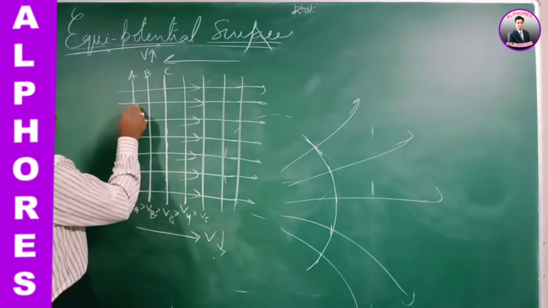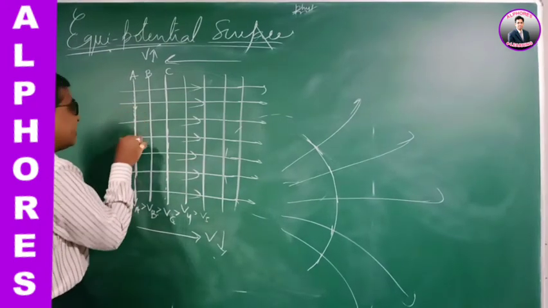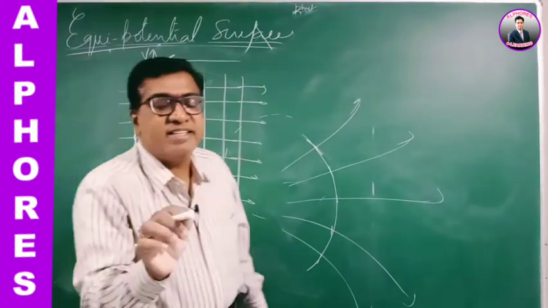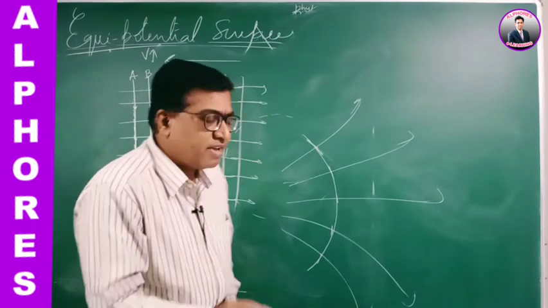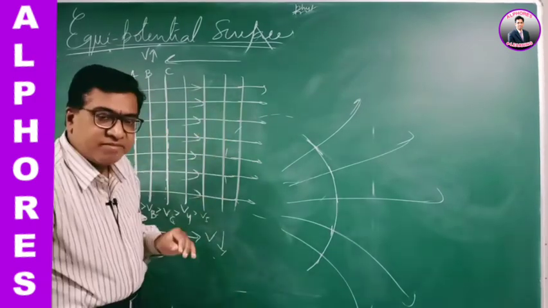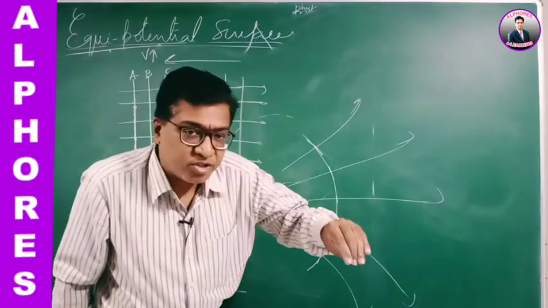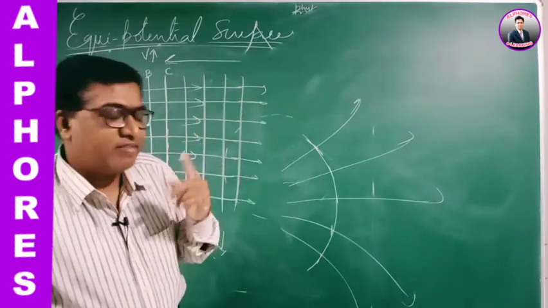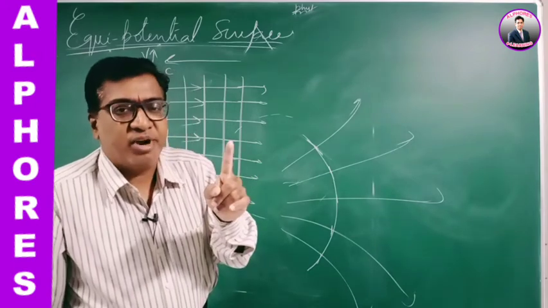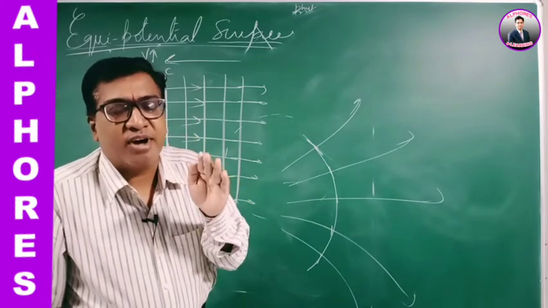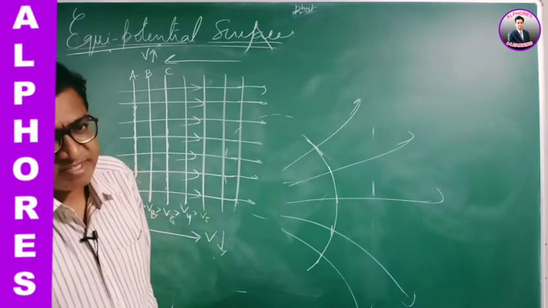But moving from one point to another on the same surface, the work done is 0. So this way we explain the equipotential surface. The equipotential surfaces are always normal to the electric lines of force. At any point, the electric lines of force are normal to the equipotential surface like this.